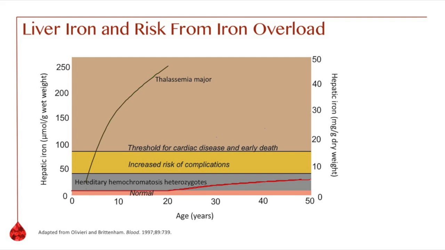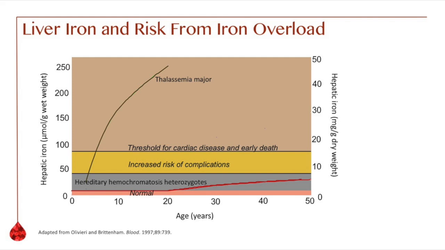Hepatic iron levels for normal individuals are approximately 0.6 to 1.2 milligrams iron per gram liver dry weight. The risk for iron-induced toxicity, including hepatic fibrosis and diabetes mellitus, increases with hepatic iron levels of greater than 7 milligrams iron per gram dry liver weight. There is an increased risk of iron-induced cardiac disease and early death with hepatic iron levels of greater than 15 milligrams iron per gram liver dry weight.